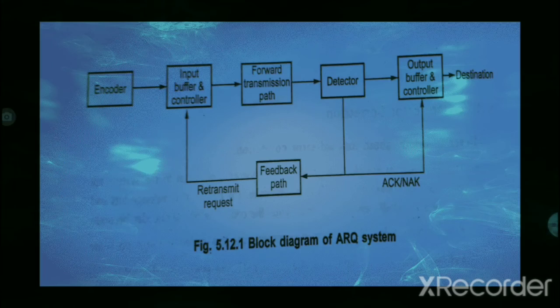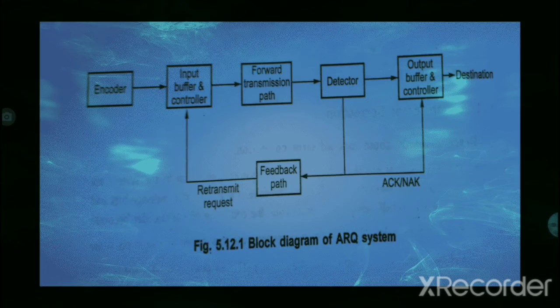Figure shows block diagram of ARQ system. It consists of encoder first block, input buffer and controller second block, forward transmission path third block, detector fourth block, output buffer and controller fifth block.